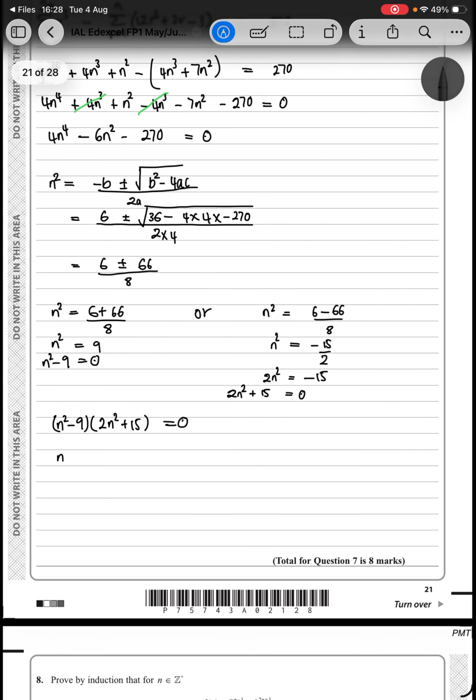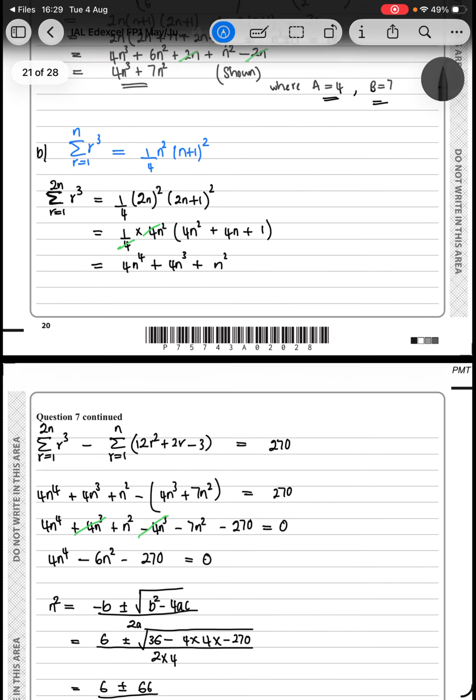So n squared is 9, so n will be the square root of 9, which can be plus or minus. So n can be plus or minus 3, or n squared is minus 15 over 2. But we can't find the square root of a negative number, therefore we say no solution over here.